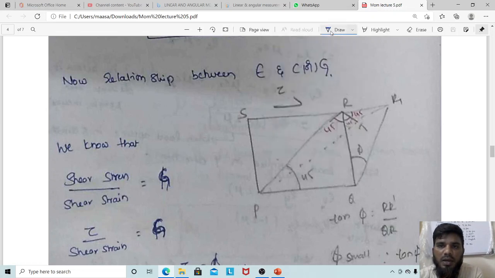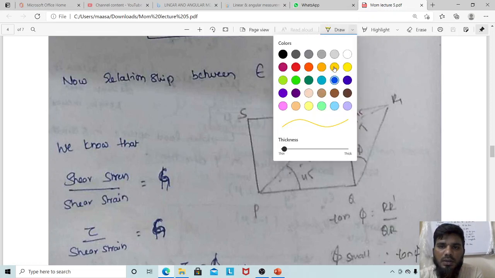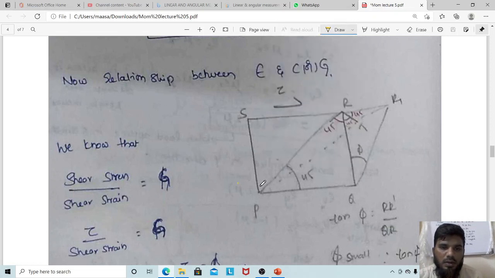I will try to draw another one. Let us see this. This will also be extended till here. So this is my S dash, this is my R dash, and this RS has been moved forward to an angle of phi. Generally strain is nothing but change in dimension by original dimension.